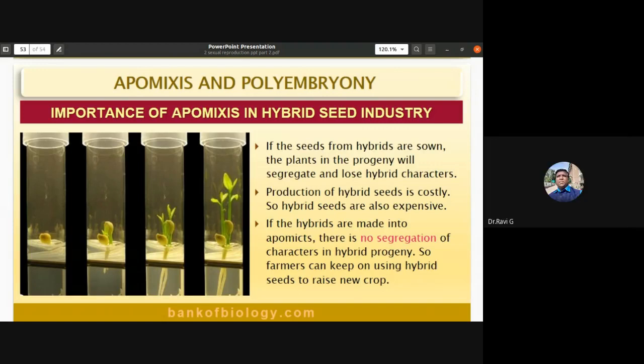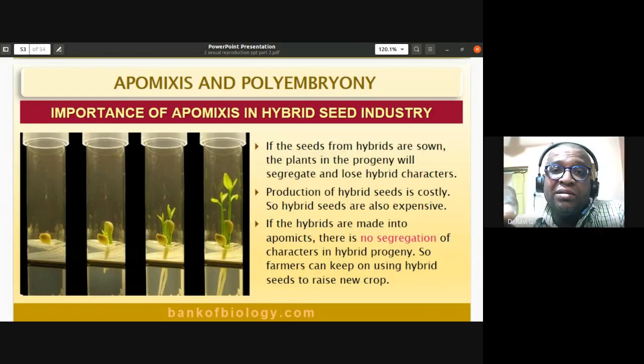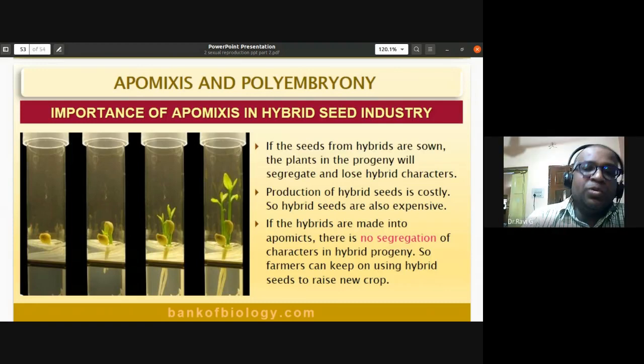On Sunday I'll be including a cumulative test. It will have the entire syllabus: reproduction in organisms, asexual reproduction, sexual reproduction, and then reproduction in flowering plants, sexual reproduction in flowering plants. The complete syllabus would be given in the cumulative test. You should be prepared for that.